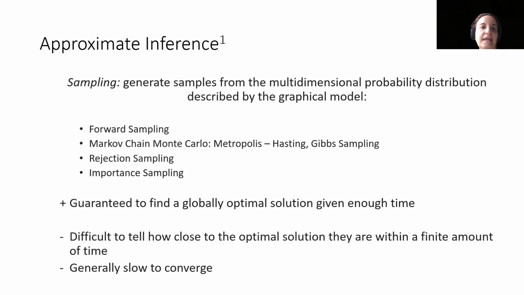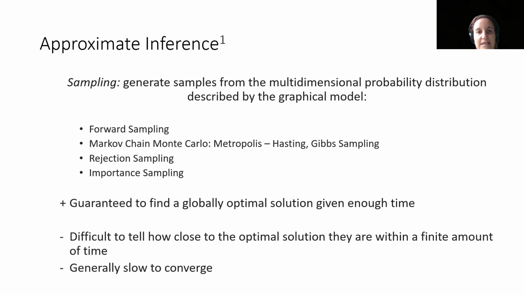Okay. Now, another form of approximate inference comes from sampling. This actually comes from the domain of statistical physics, because in physics they've done most of the work on how to sample from these high dimensional distributions.